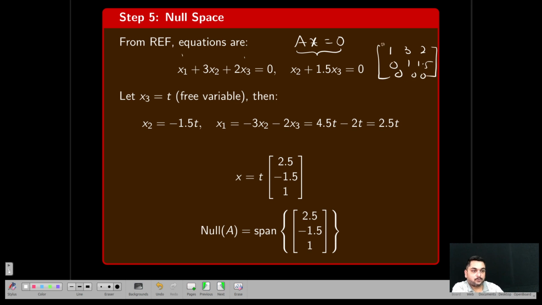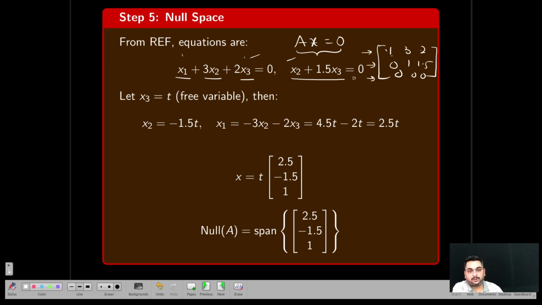Now observe here. This is x1 plus 3x2 plus 2x3, the coefficients of these variables x. Then x2 plus 1.5 x3 equal to 0. So these two are the linear equations you got. Now, what about the third row?